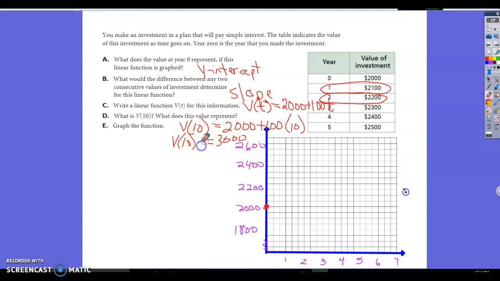All right, then it says to graph the function. All right, I put a graph on here. We've already graphed the first point. So we're going to graph the next point, 1 and 2100. And then 2 and 2200. 3, 2300.